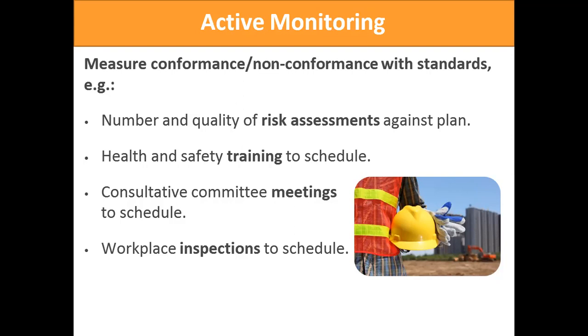Then workplace inspections to schedule. We also check the frequency of workplace inspections, daily or weekly, so we check the complete schedule. If we check these things, that is active monitoring. We check the control measures and we check the standards.